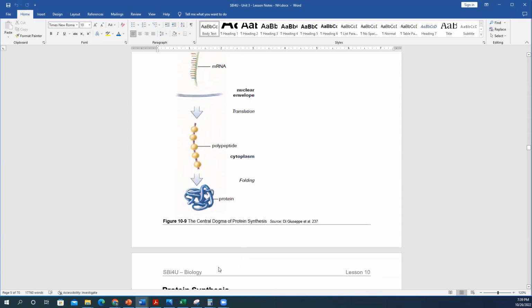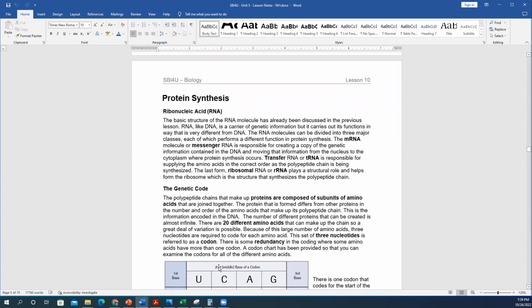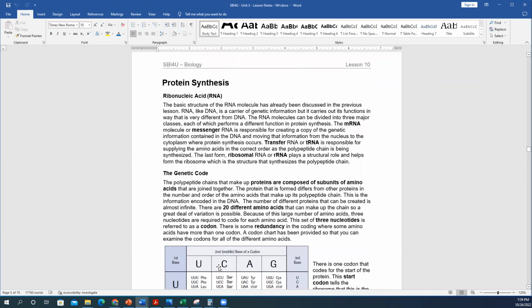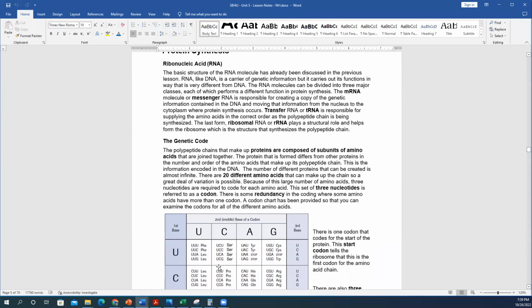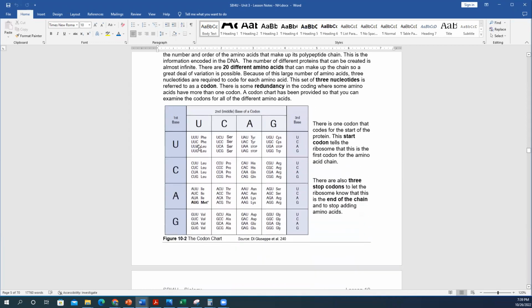And that is the central dogma of protein synthesis. We looked at the genetic code. We analyzed codons.